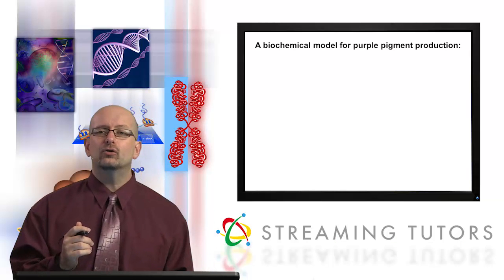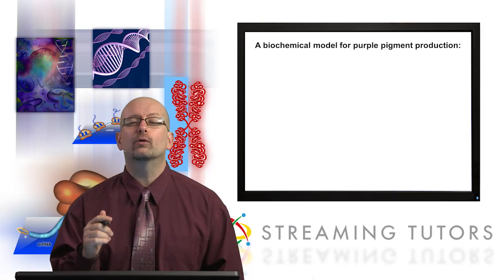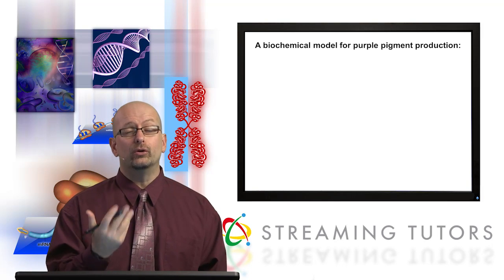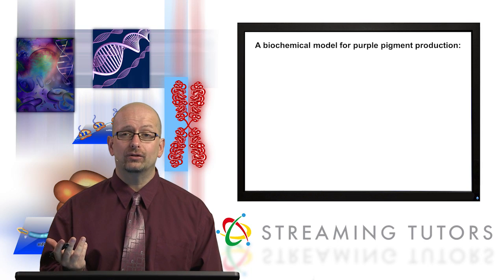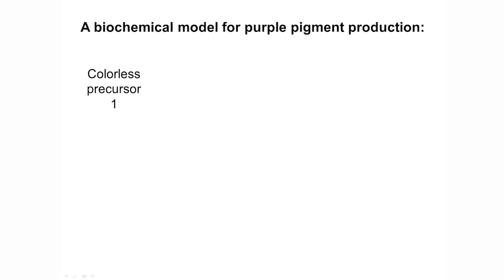Now, here's a biochemical model for purple pigment production, which is not exactly what I said, but it would explain it exactly the same way. So think of it this way. What if there's a colorless precursor, which is a nutrient perhaps that the plant picks up from the environment?